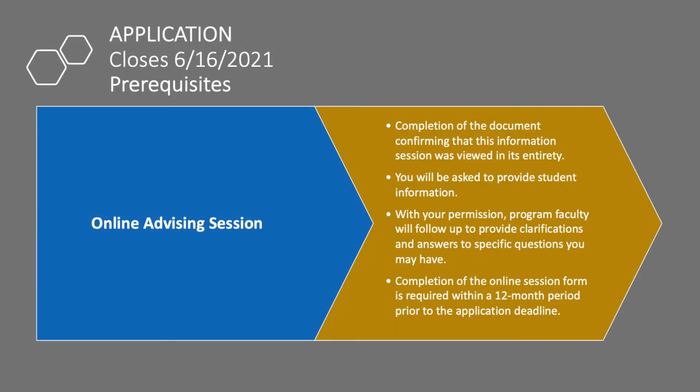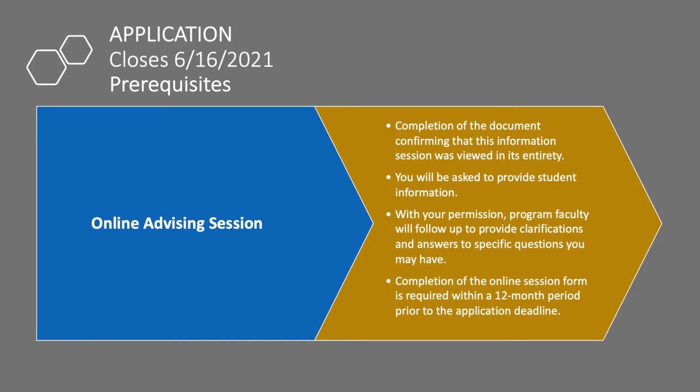Because the video gives critical information that students need to know about our program, it's mandated that prospective students view the online session in its entirety. Questions like name, COD ID number if you have one, email, phone, and address will be requested of you within the form.